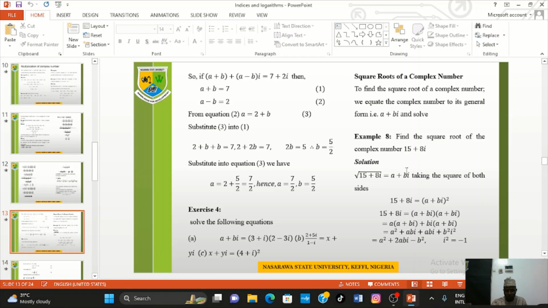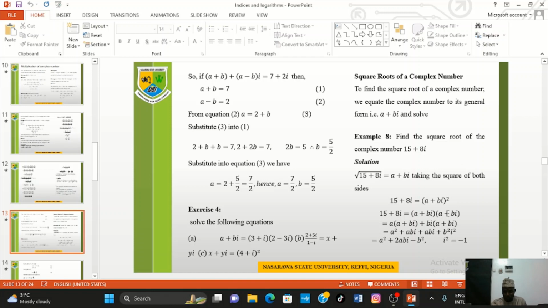So to simplify this, you take the square root of both sides. When you take the square root of both sides, our left hand side now will become 15 plus 8i equal to a plus bi, now you square it. So at this point, 15 plus 8i equals, as this one is squared, you are multiplying it by itself 2 times.